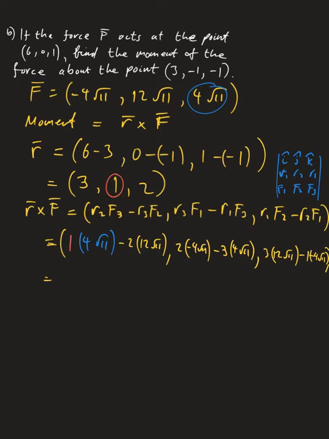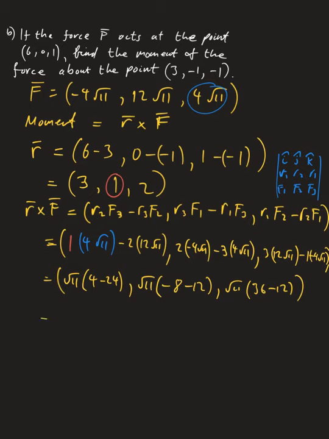So now I just tidy all that up, and I get the square root of 11 times (4 minus 24). I get root 11 times (-8 minus 12). And I get root 11 times (36 minus 12). So I fix it up again.